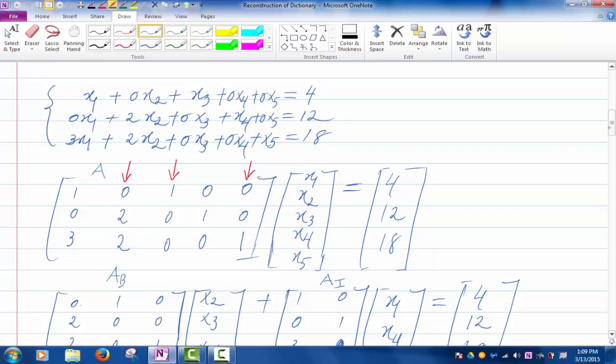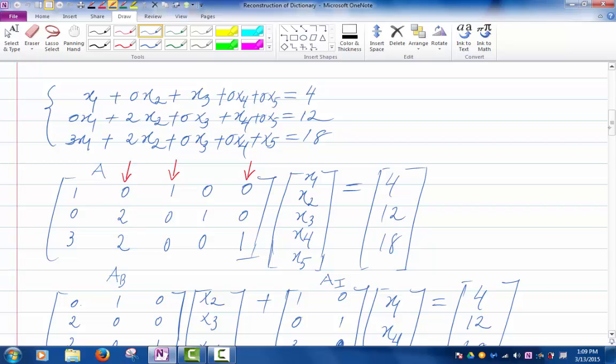The coefficients of x3: 1, 0, 0. Then the coefficients of x4, the coefficients of x5. That will be multiplied by the vector of the variables, and that equals the right hand side 4, 12, and 18. Am I making sense? So that's the coefficient matrix, the matrix form of the linear system.